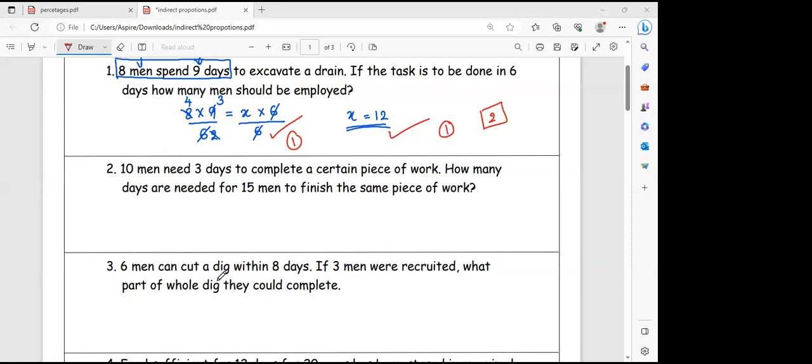Okay, good. Most of you have got it. Let's move to the second one.